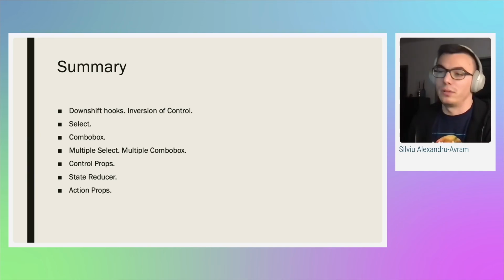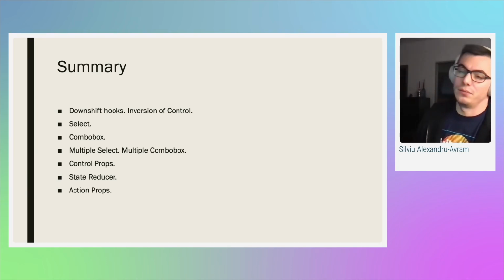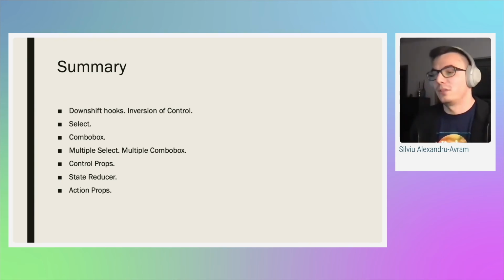We did both today, and we also had a multiple select. We didn't go through the multiple combo box because that was the same as the multiple select. You just need to apply getDropdownProps to the input and not the toggle button. And we also took a deeper dive into the control props, the state reducer, and the action props.